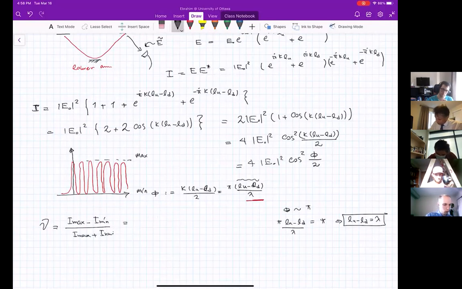That is simply given by cosine of k LU minus LD. Okay.